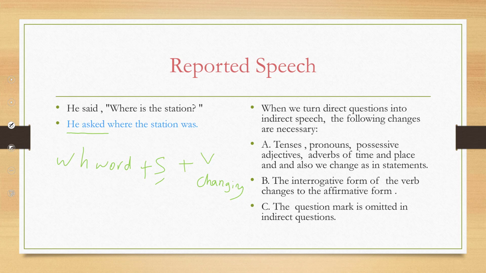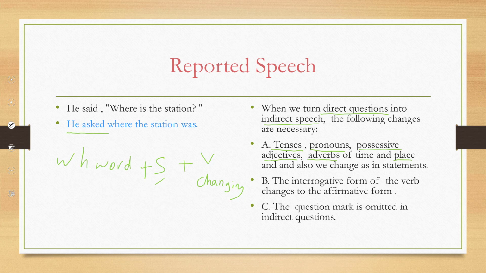We have reported every time, every tense we use in the normal sentence, in the reported sentence, we have to go a step back. When we turn direct question into indirect speech, the following changes are necessary. First, tenses, pronouns, possessive adjectives and adverbs of time and place.